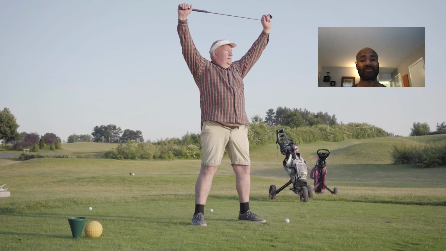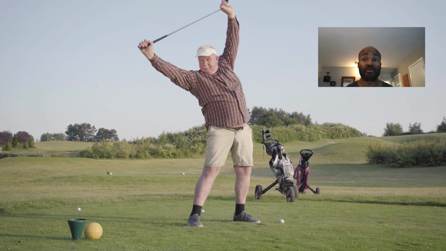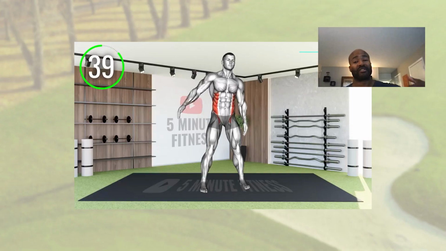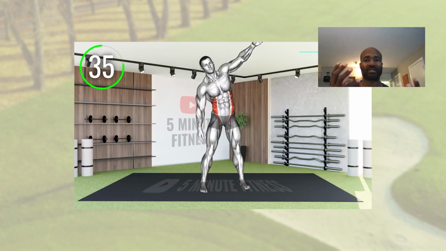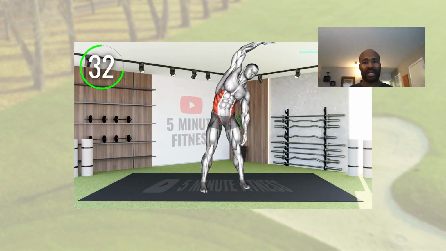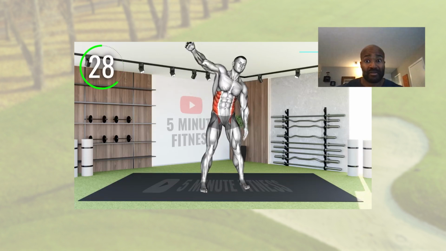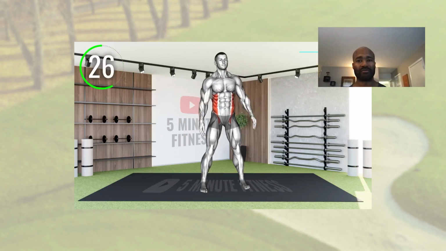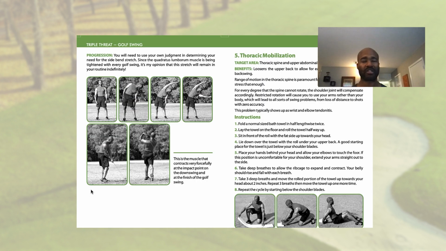So the side bend is going to help release and free up your rib cage from the bottom and secondarily up the sides. Remember, your rib cage has muscles that attach to it from above and also beneath it, and some other places that we won't get into before I turn this into a full-on anatomy lesson. But just know that this particular drill is going to help with that.